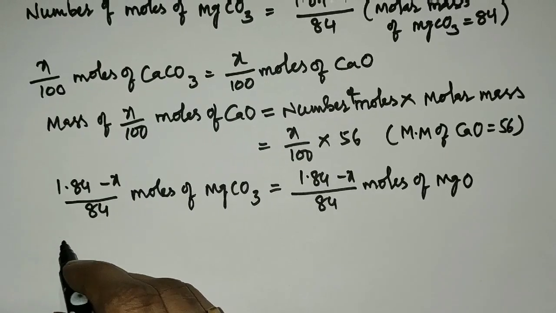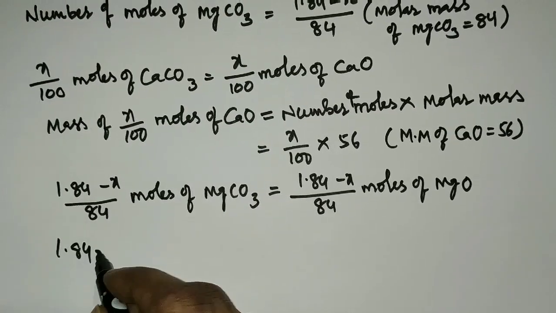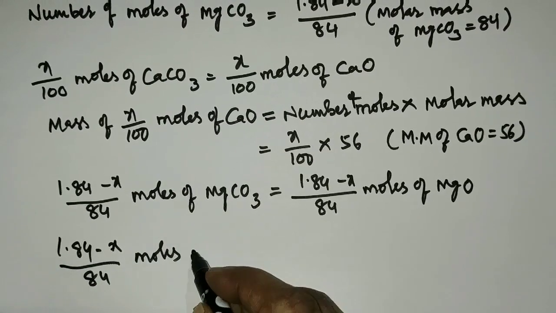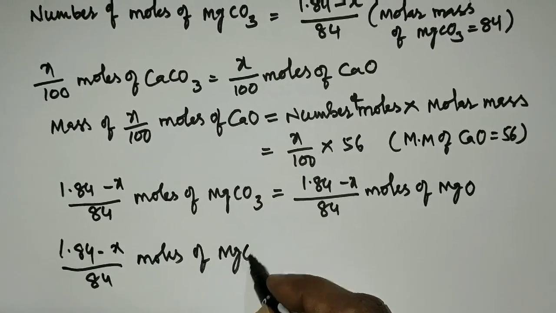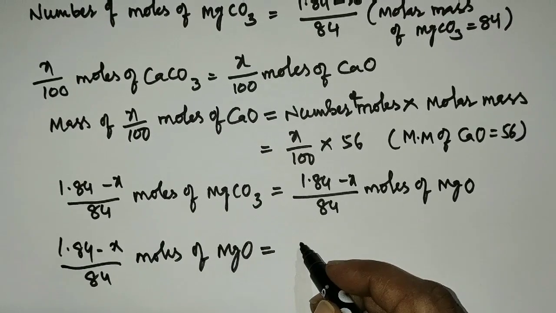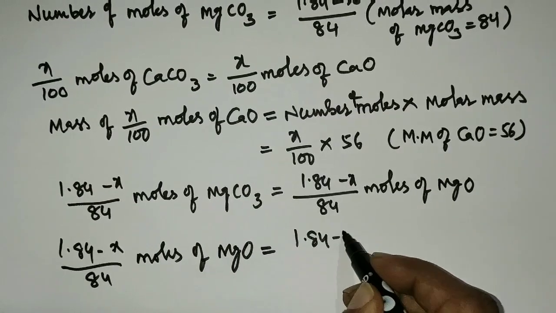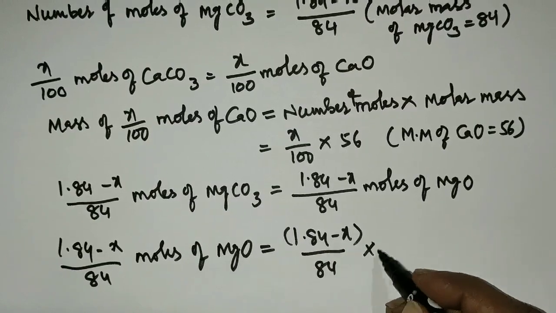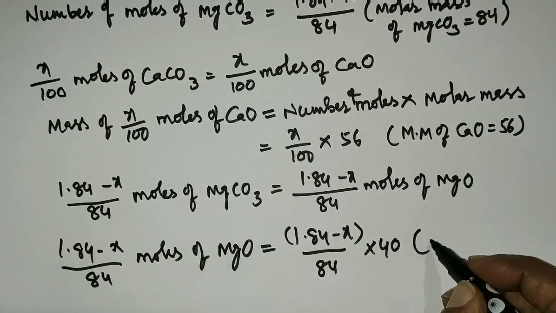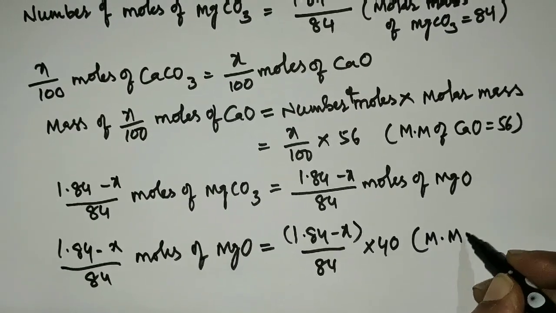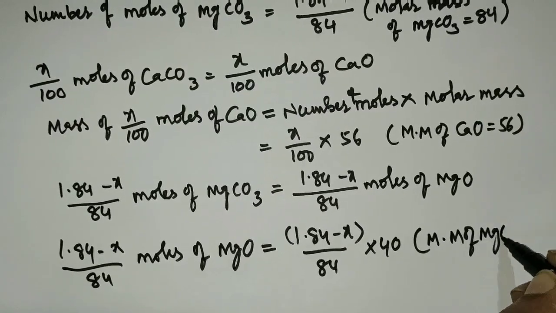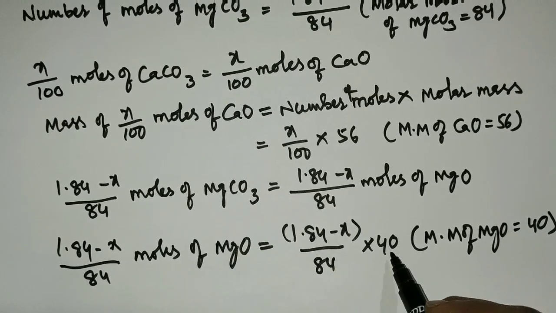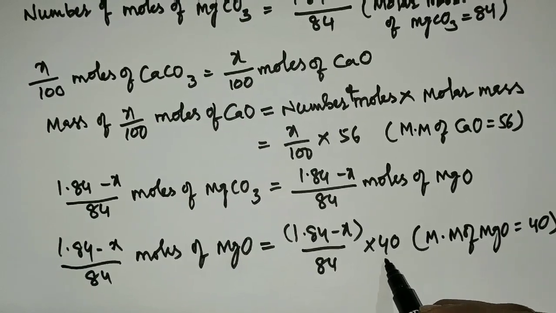And mass of these many moles of MgO will be equal to 1.84 minus x divided by 84 multiplied with 40, because molar mass of MgO is equal to 40. When number of moles is multiplied with molar mass, you will get mass of the substance.